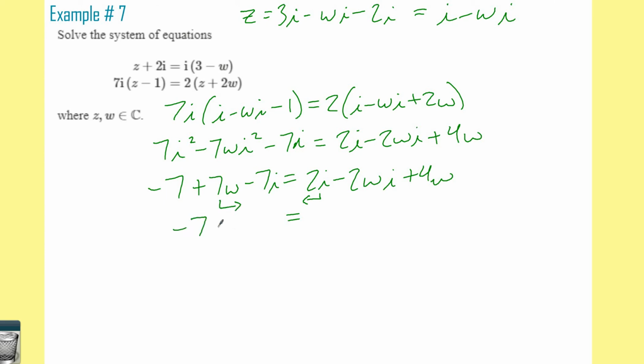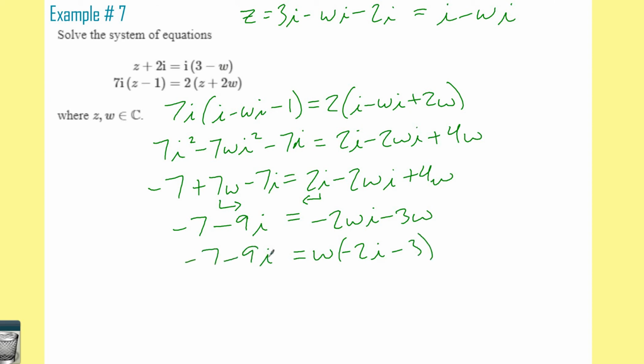We get negative 7 minus 9i, and then negative 2wi plus 4w minus 7w, so negative 3w. Now we want to take out the w and divide it. So w is negative 7 minus 9i all over negative 2i minus 3.